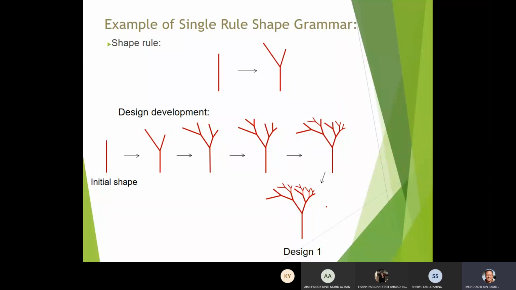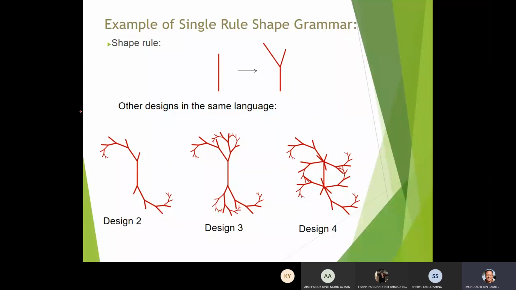But maybe the possibilities of design are not really that many. So in the end, when you apply the rule again and again, you want to create a different design. Other possible options would be like this, which is not that interesting for me.